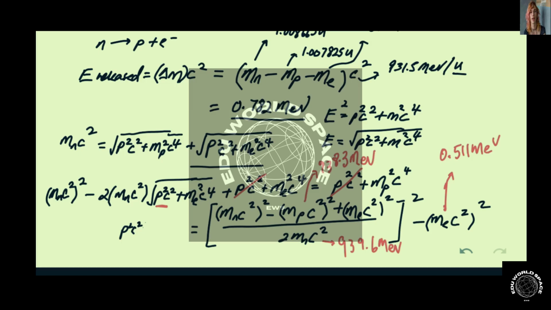Putting all of this in, we can find p times c by taking the square root of the entire expression again, and you should get 1.19 MeV.